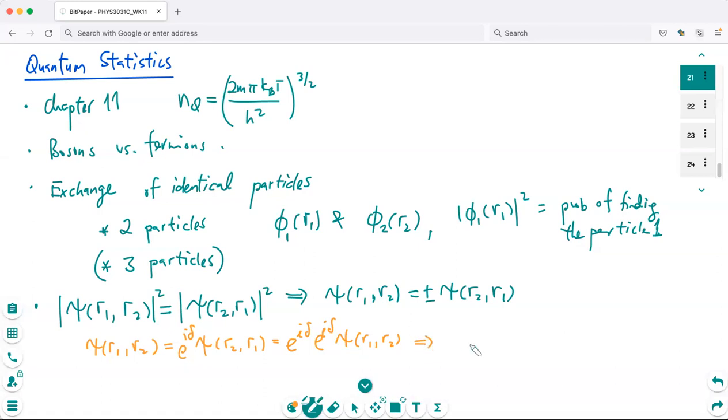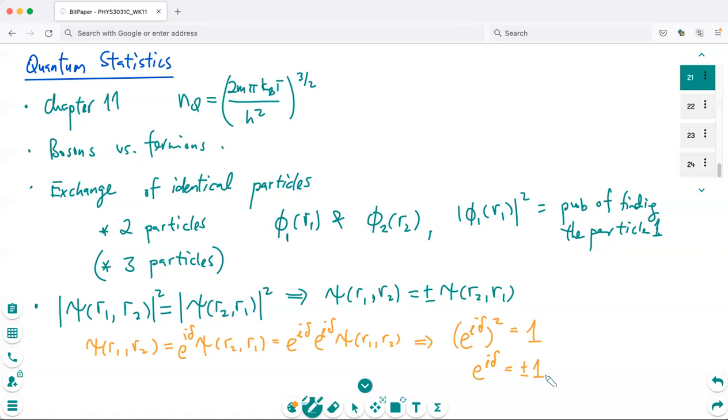So this can only be true if this product is 1. So that gives you the same result. So maybe this argument is better. Okay, but they are equivalent arguments, depends on what you like. You swap and swap again, and this is what happens, and you must acquire the phase.